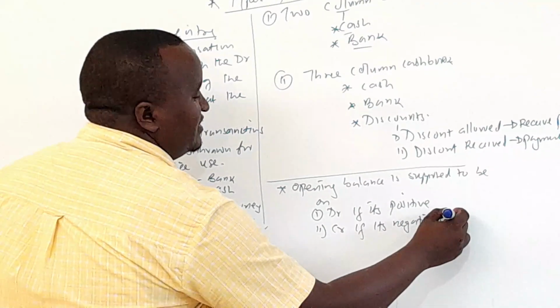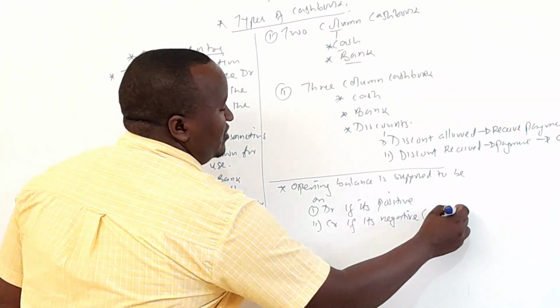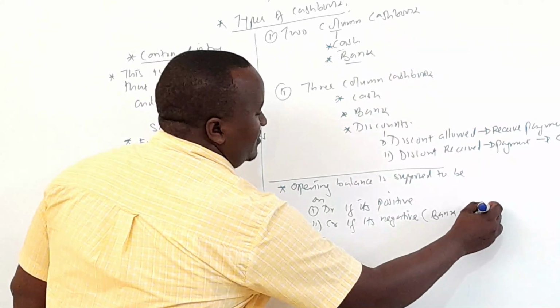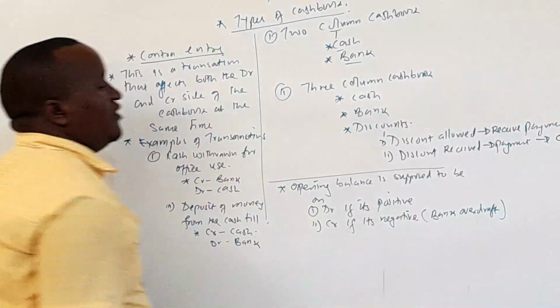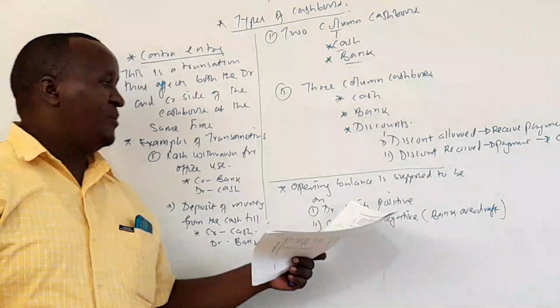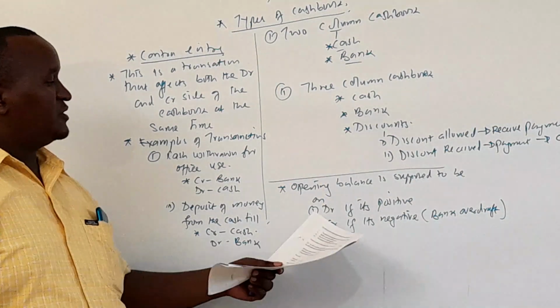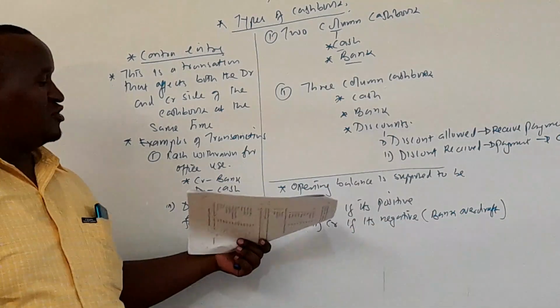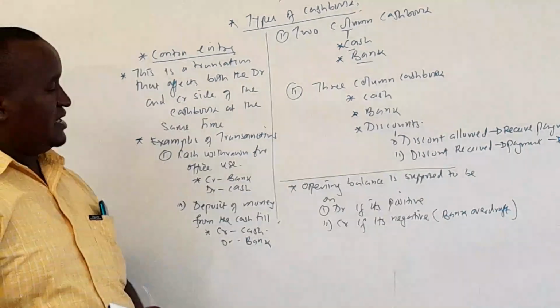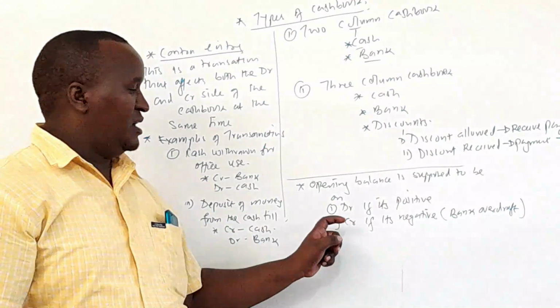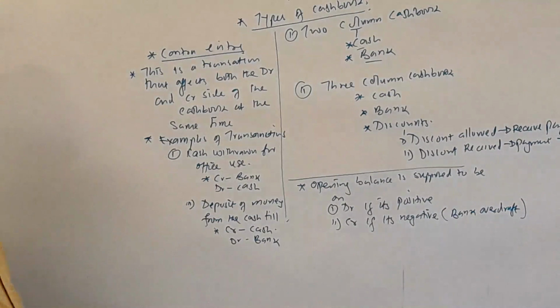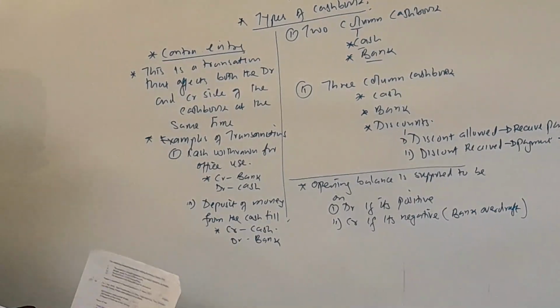When you talk about negative, this is a bank overdraft. So for the overdraft, when it is negative, the opening balance will be on the credit side. But if it is positive, specifically for cash, it should be on the debit side. And that's all under the cash book.